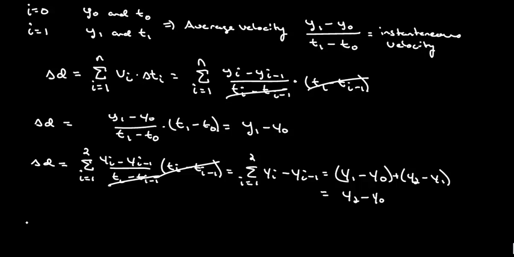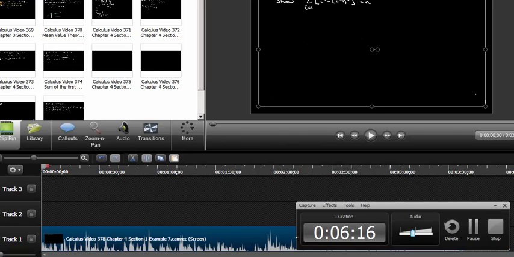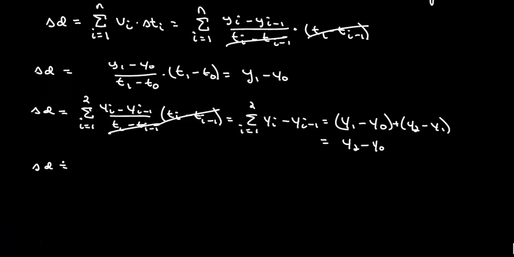Okay. So in general, the overall change in distance is going to be equal to the following. It'll be the sum, i goes from 1 to n, wherever we end up, of y_i minus y_{i-1}.